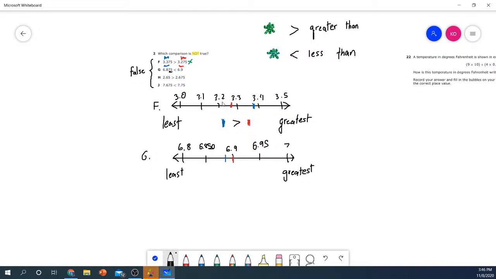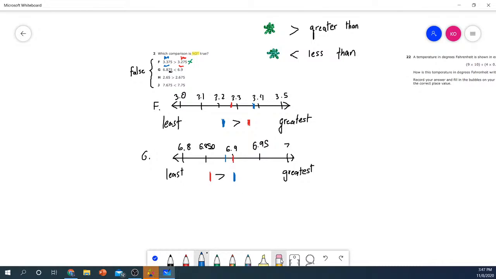So looking at our answer choice, before we even start with our answer choice, my apologies, let's look at our numbers. Let's look at our colors over here and see which one is greater, which one is less. So we see that red is on the right side, so this would be greater than this.